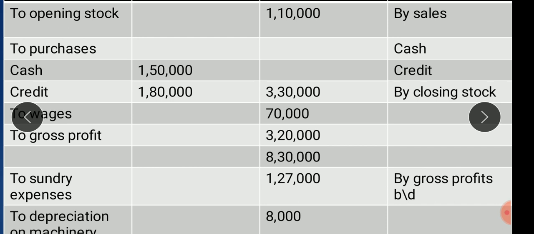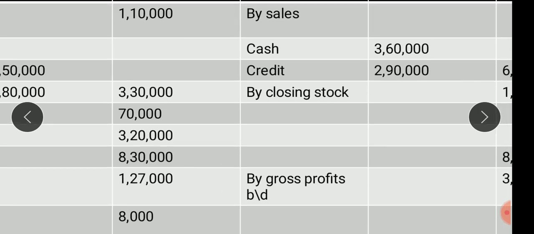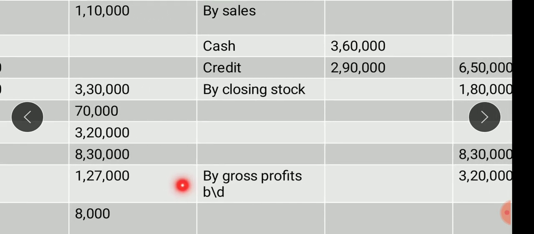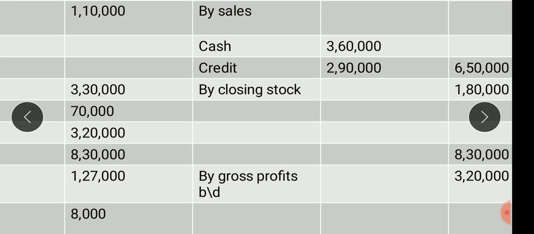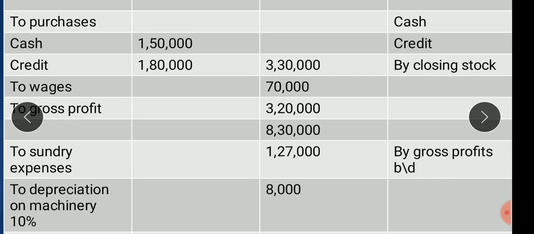The gross profit value is immediately transferred to the profit and loss account. By gross profit 3,20,000. This is a brought down value. B by D means opening value. Profit and loss account, debit side, to sundry expenses. All the expenses items will appear in the profit and loss account debit side.